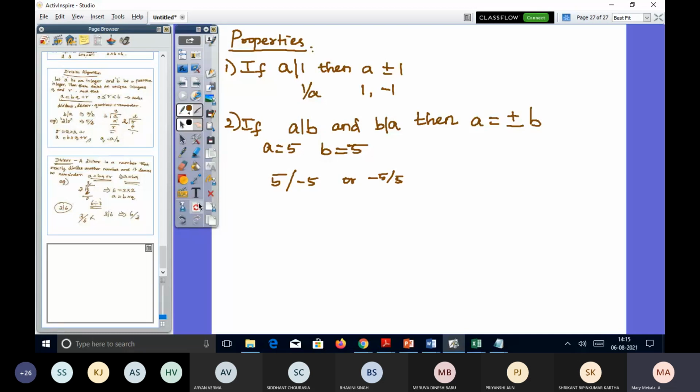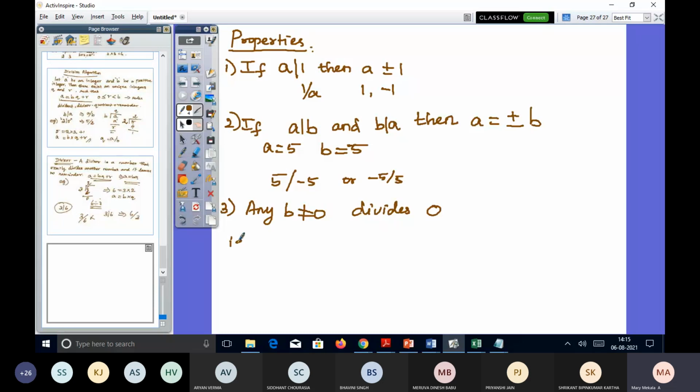And the next property is that any B not equal to 0 divides 0, isn't it? It's a very important property. Any B value not equal to 0 will divide 0.